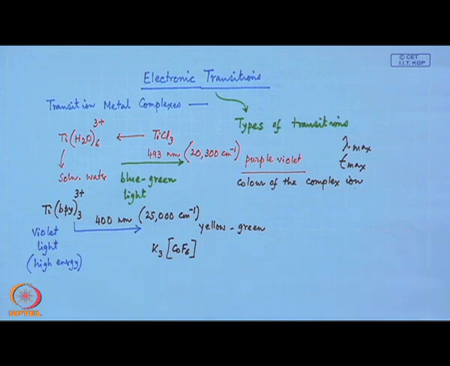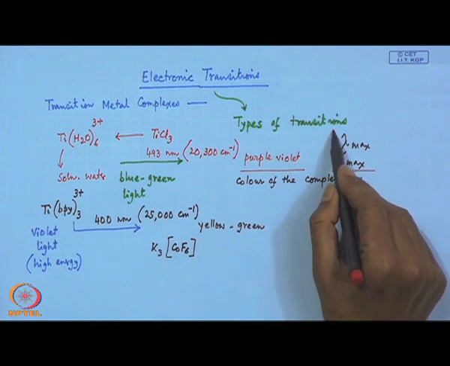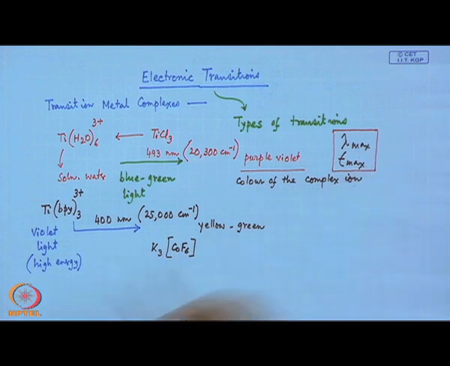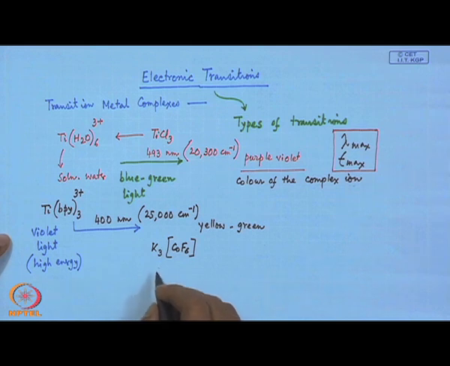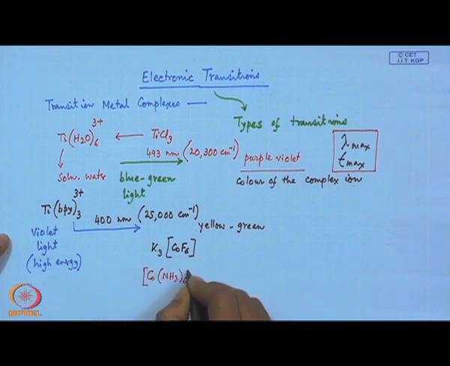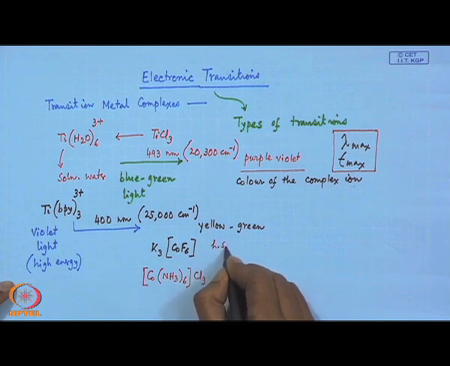So, the data we will be reporting for all these complexes will be the corresponding lambda max, that means the maximum absorption wavelength, and the corresponding molar absorptivity at that maximum value. If we compare this compound with our well known hexaamminecobalt(III) chloride compound, Co(NH3)6 Cl3, this compound is high spin and this is low spin.